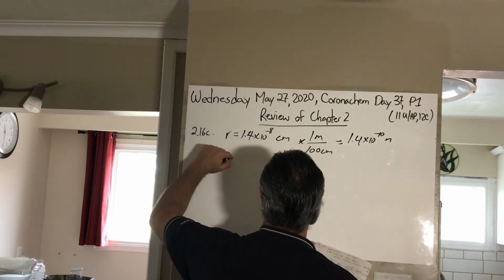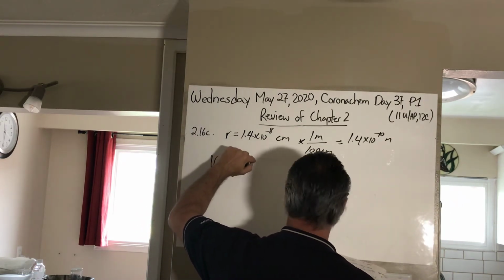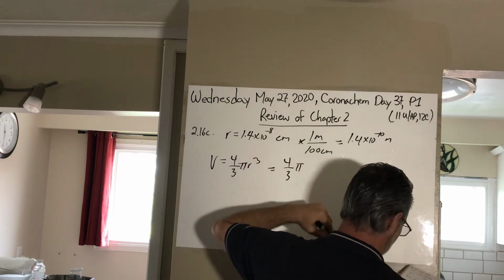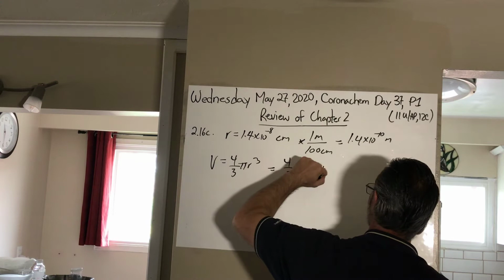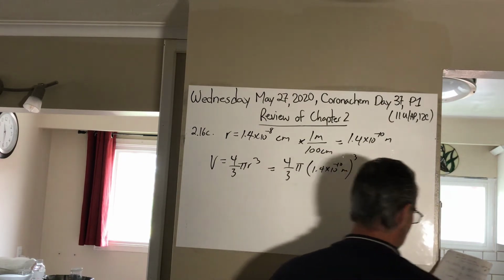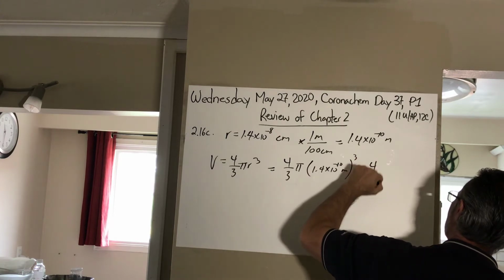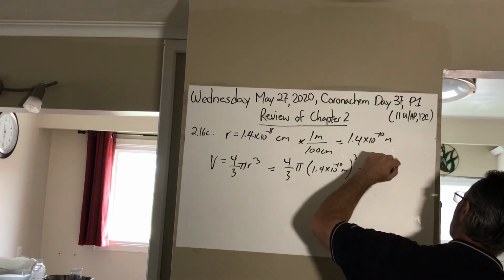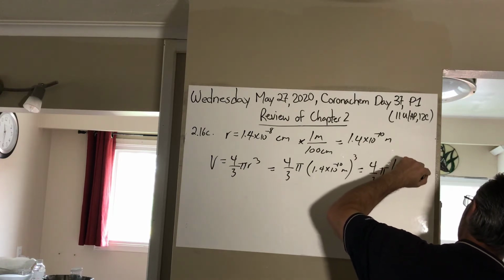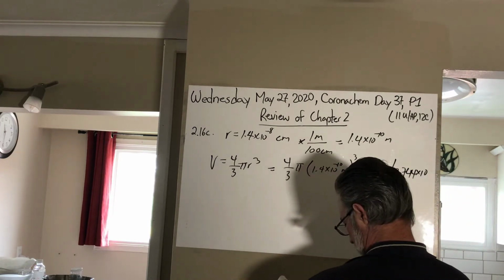Volume of a sphere is 4 over 3 pi r cubed. We're going to enter in the value of r in meters, 1.4 times 10 to the negative 10 meters. You can raise that to the power of 3. What you get is 4 over 3 pi times 2.744 times 10 to the power of negative 30.